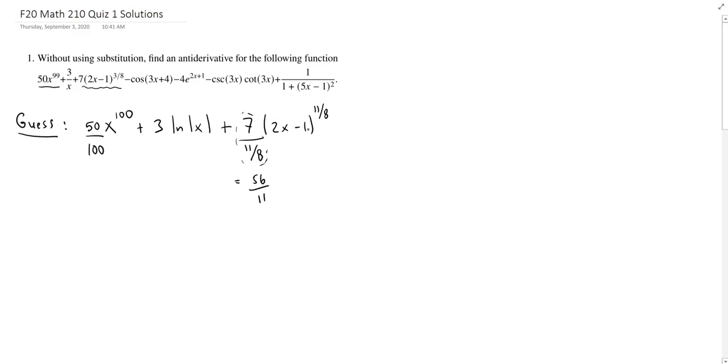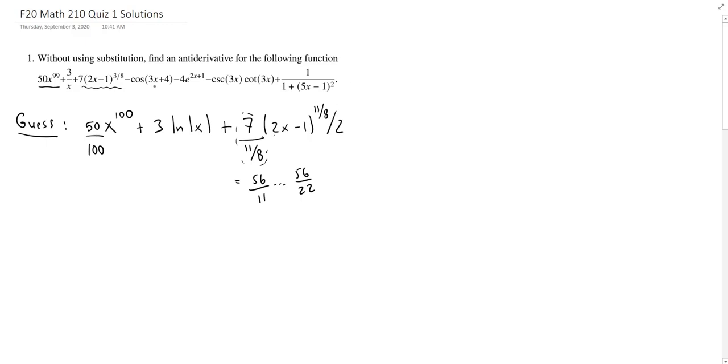But I do have a 2x minus 1, which means when I take this derivative, there's an extra 2 that's going to come out. So I also have to divide by 2 in order to compensate for the chain rule. Okay, so if I put this 2 down here, I'd end up with 56 over 22, right? Which, again, we could simplify, but I don't want to.